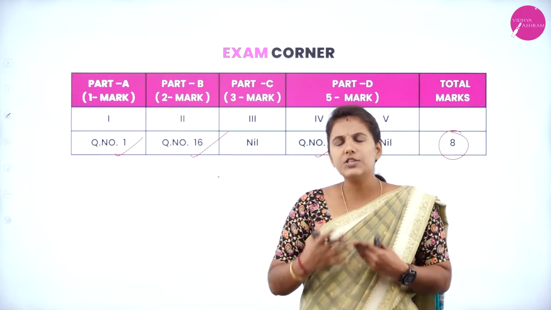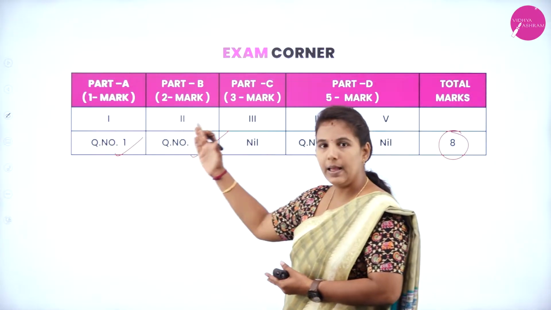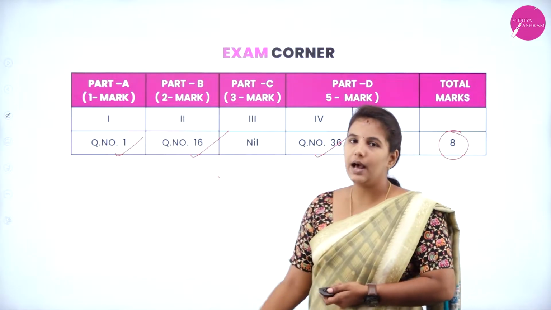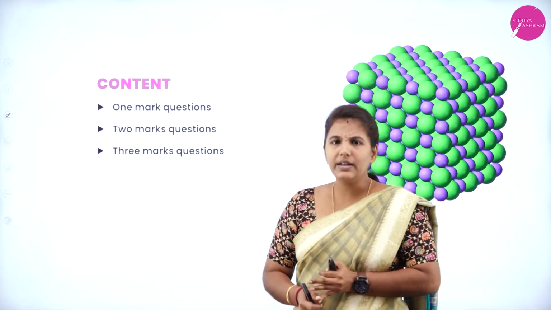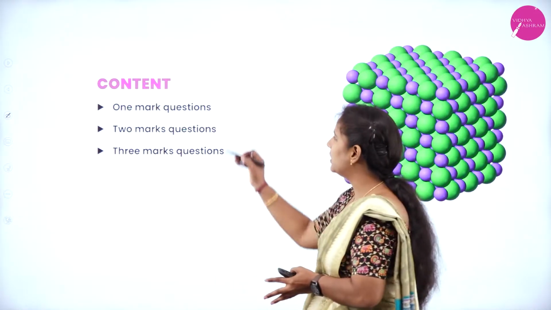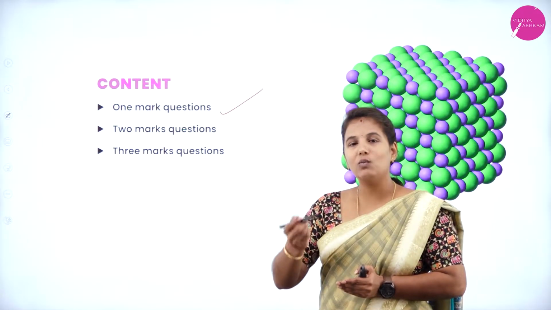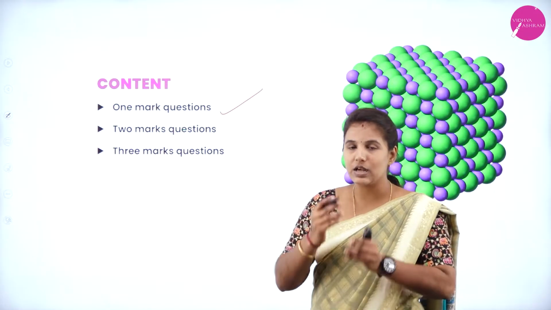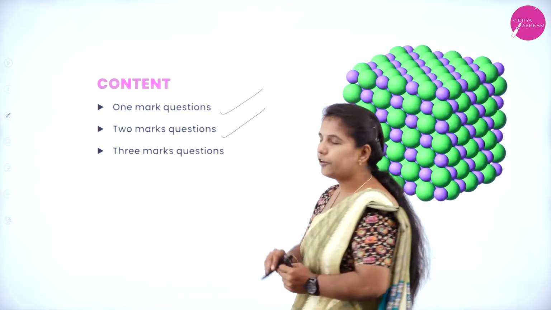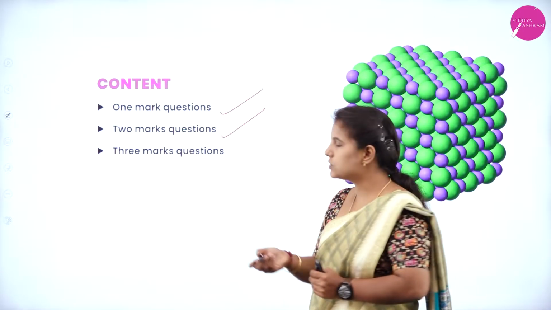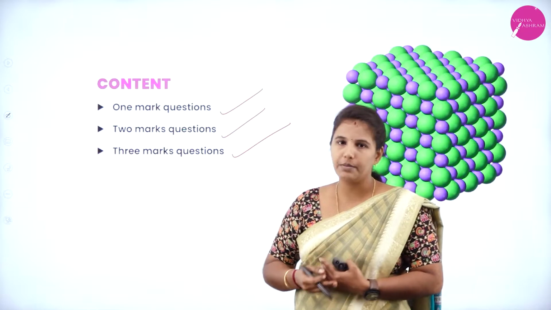We'll see which are the important questions that can be asked in part A, part B as well as in part D. In part A we are going to discuss the 1-mark questions first, how the questions will be framed and what type of questions will be asked from this unit. Later we'll shift towards the 2-mark questions, and later the 3-mark questions, which come under the 5-mark question.